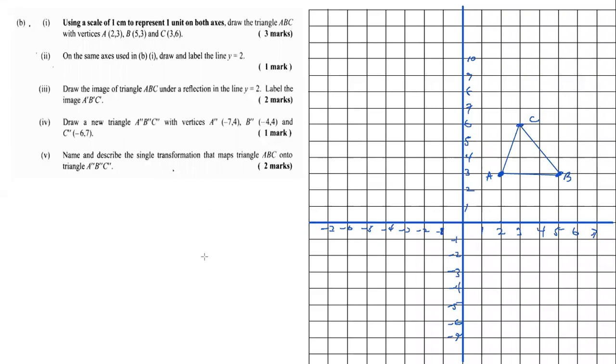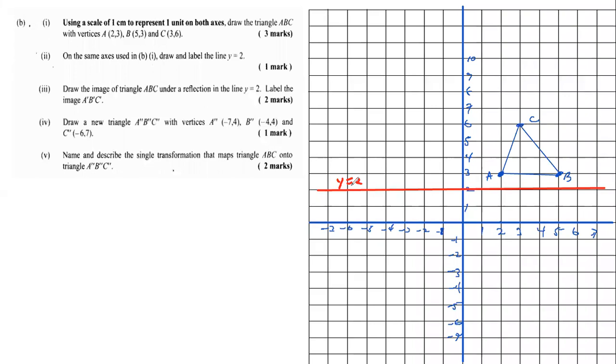Right, we go to 2, as she said, and we draw the line. Everybody see that? Yes, sir. On this line here, we name it y is equal to 2. That will be my mirror line.